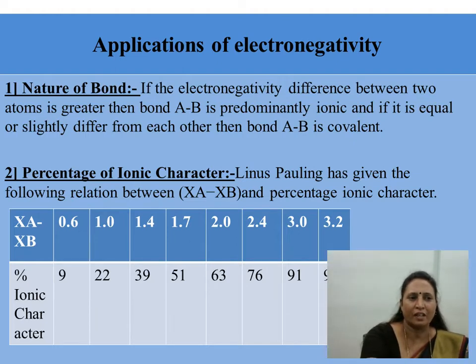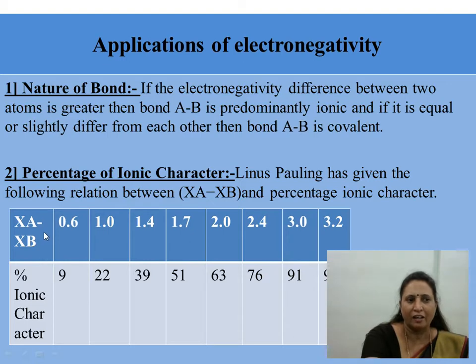So here XA-XB is nothing but the difference between atoms A and B, where X is the electronegativity of atom A and atom B. Now this table gives that when the electronegativity difference is 0.6, the percentage of ionic character is 9. As it increases, the percentage of ionic character also goes on increasing.